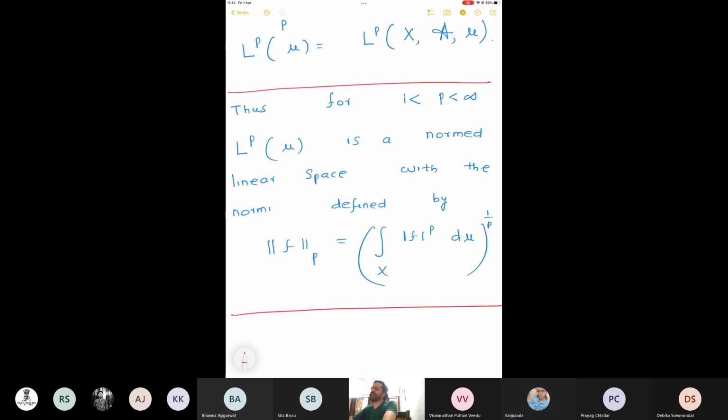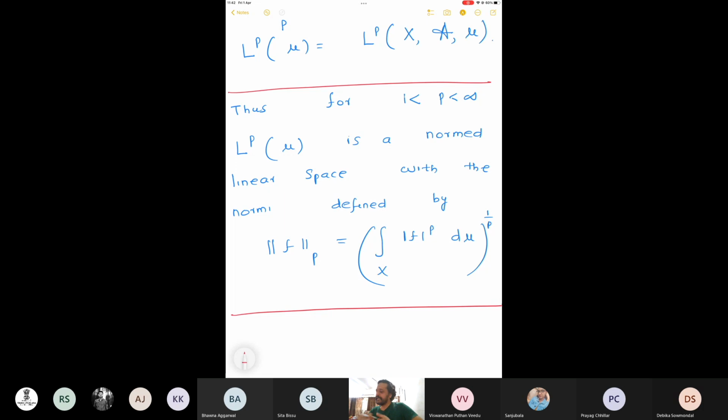One thing that you should keep in mind is that when I talk about a function f in Lp, actually I don't mean a function, I mean a collection of functions. When I say f in Lp, I mean an equivalence class of f. That point is to be stressed.